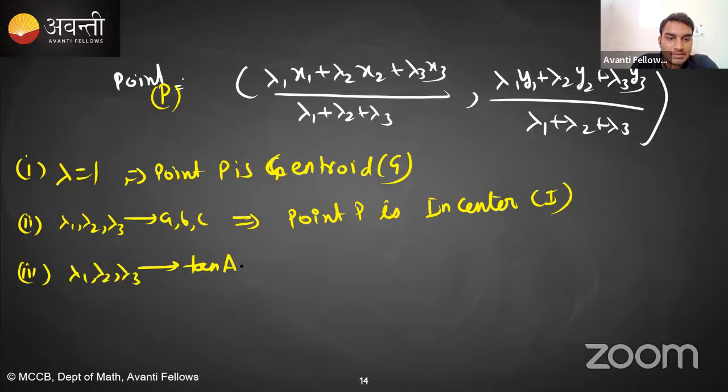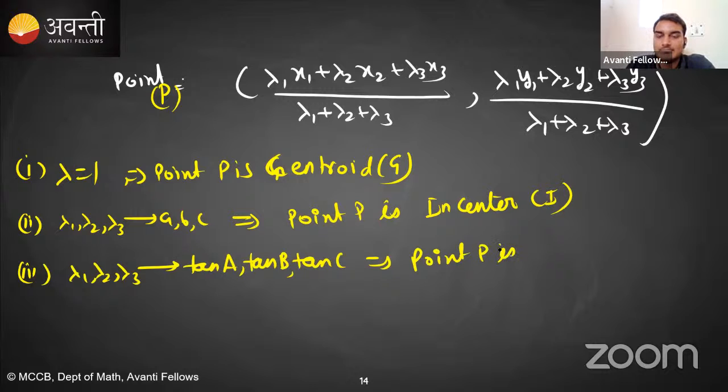And third, if lambda1, lambda2, lambda3 become tan A, tan B, tan C, right? So point P is the orthocenter, right?